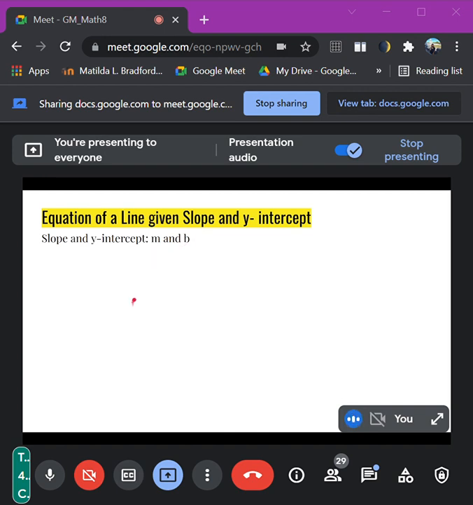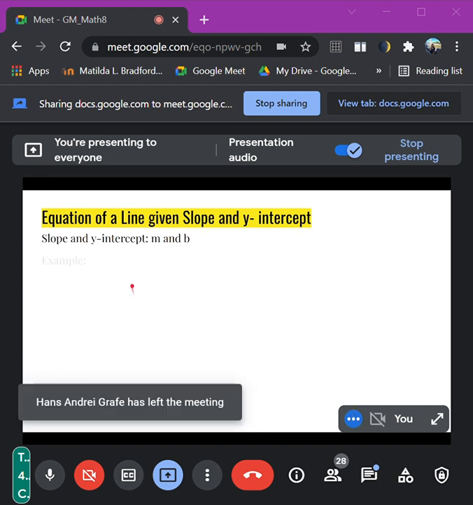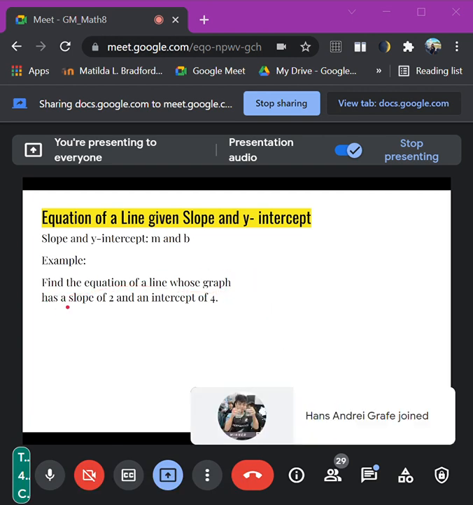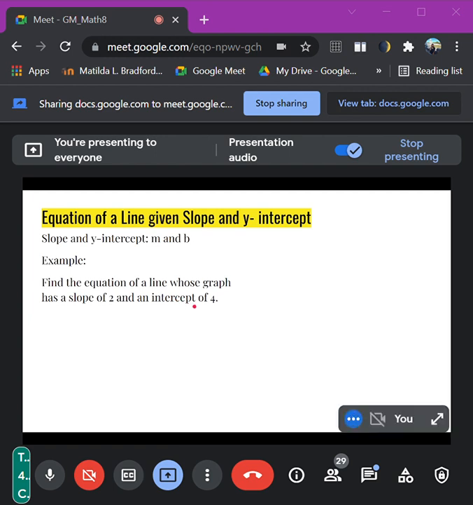Here is our example: find the equation of a line whose graph has a slope of 2 and an intercept of 4. This is the graph.